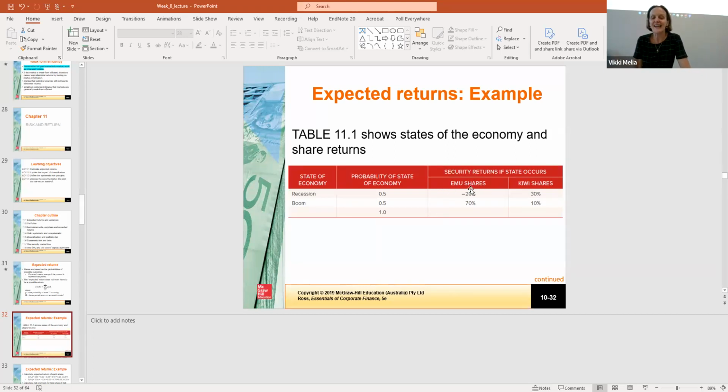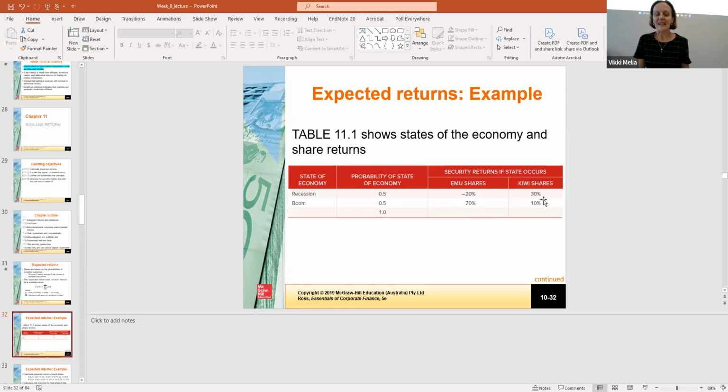So for shares in EMU, if the economy is in recession, the expected return from those shares is minus 20%. If the economy is in boom, the expected return from EMU shares is 70%. So these are estimates. We're forecasting because we don't know what's going to happen in the future. So we have to forecast the probabilities. We have to forecast the expected returns.